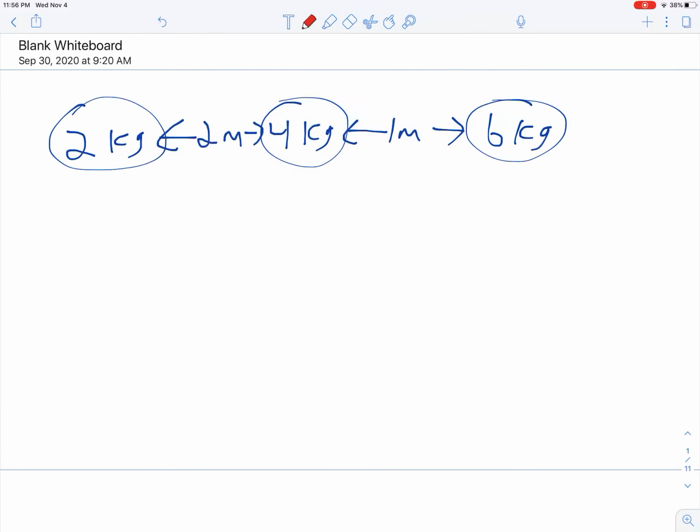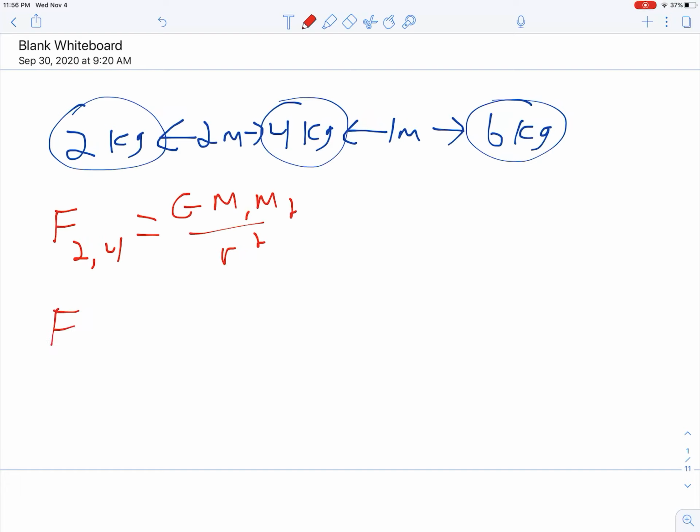Before, I was saying we need to find the force between those two first. So I said to do that, we find the force between 2 and 4, and that would be equal to G m1 m2 over r squared.